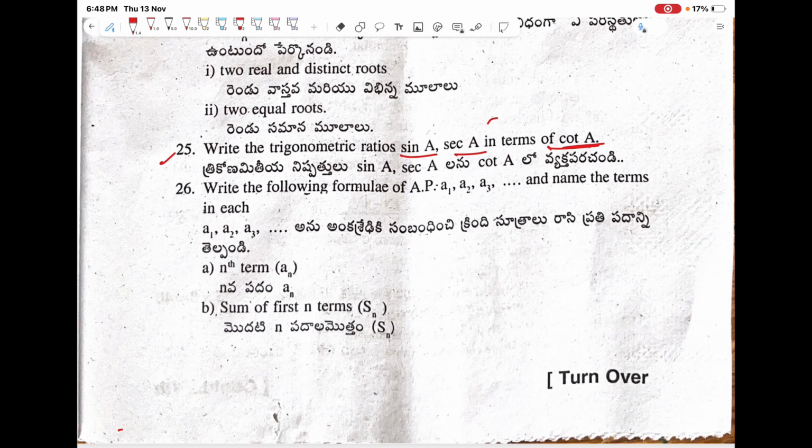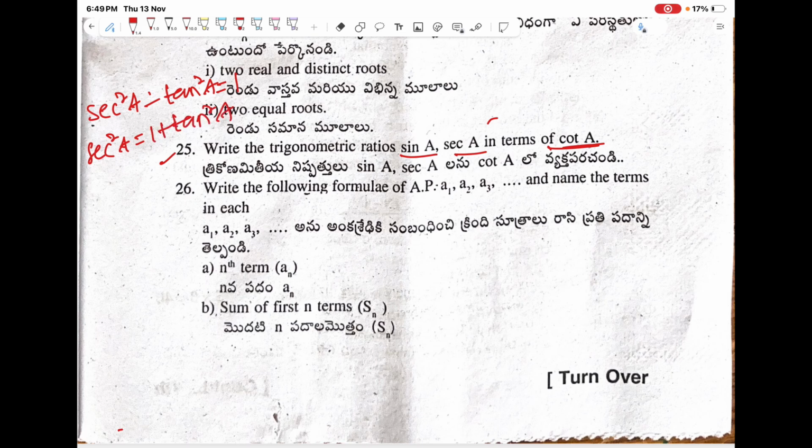First, tan is related to cot, and there is an identity that secant square A minus tan square A equals 1. We need secant square A, so let us transpose minus tan square A to the other side.